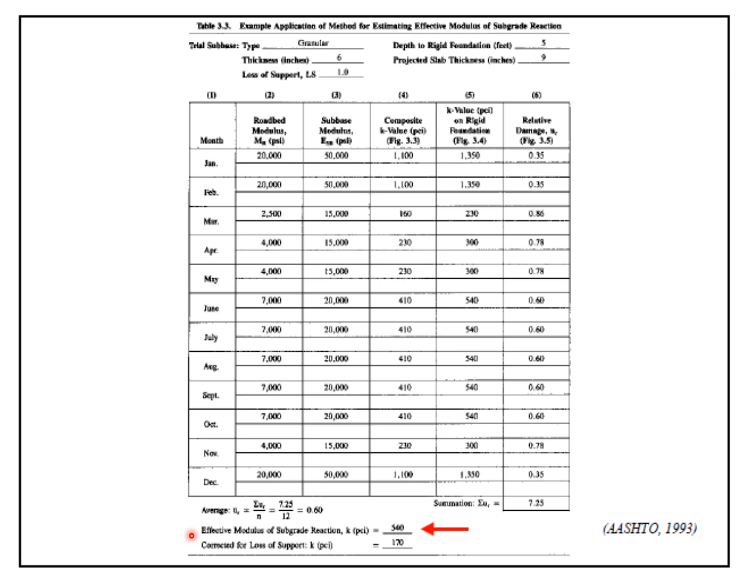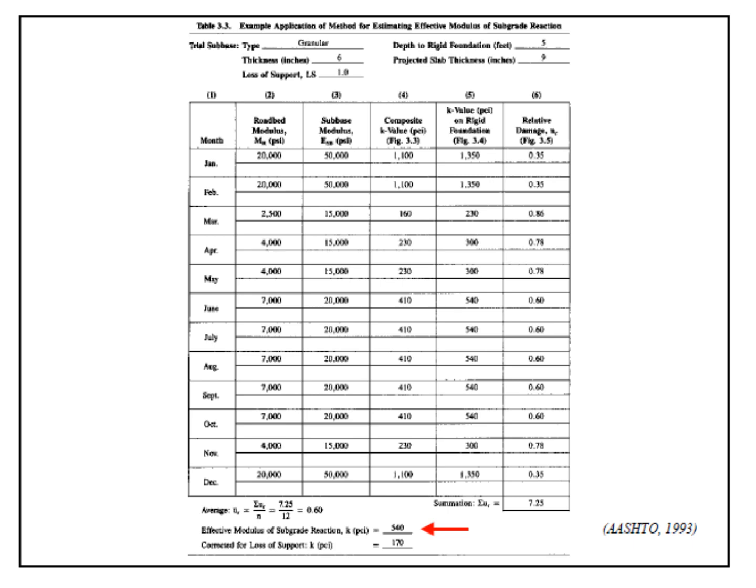This is the effective modulus of subgrade reaction. By using the average relative damage value, we will use figure 3.5 again, and by using figure 3.5 we are able to get the effective modulus of subgrade reaction in PCI, and this is this much in this case.